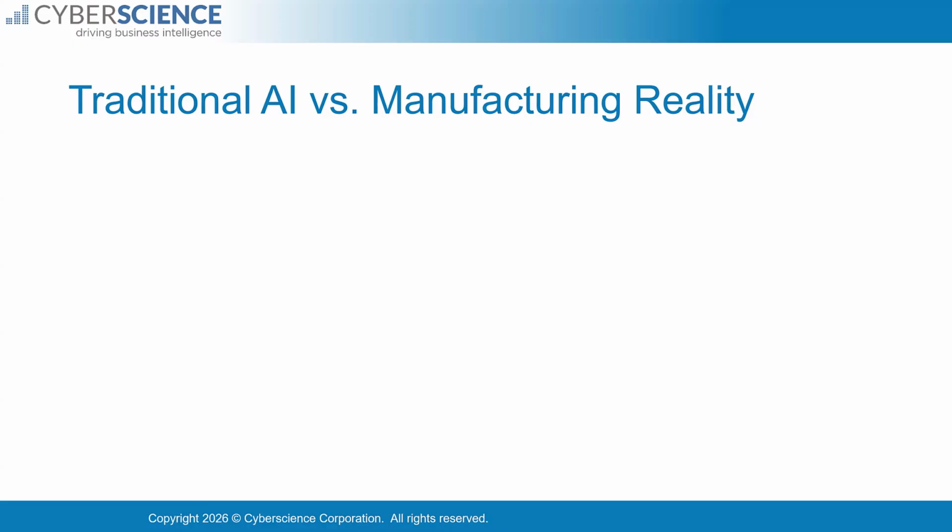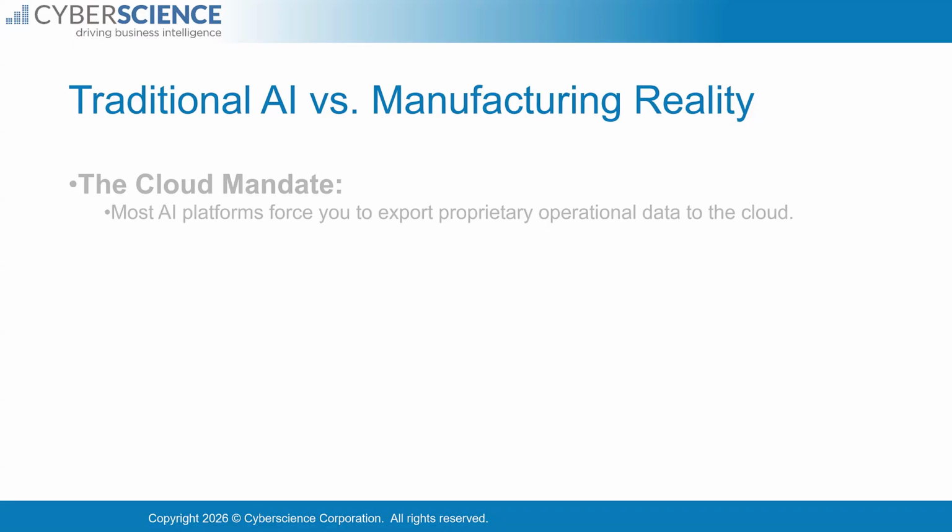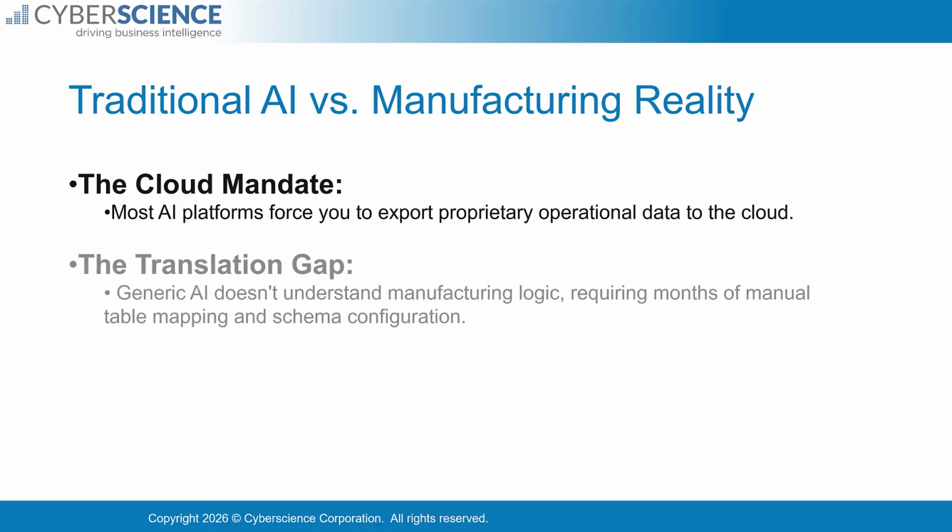Talking about traditional AI versus manufacturing reality. Now, most AI solutions are going to have a cloud mandate. They're going to say, in order for our AI solution to work, you've got to move all your operational data into the cloud. That's not good. They're also going to say there's a translation gap.